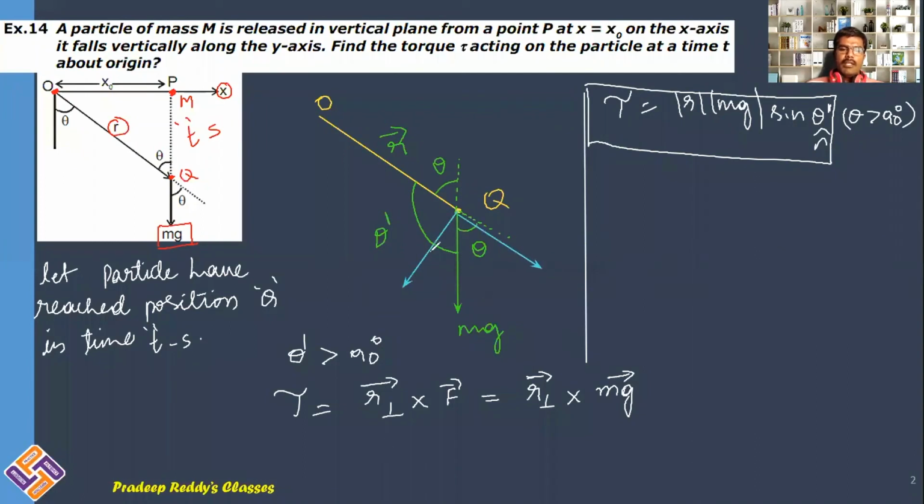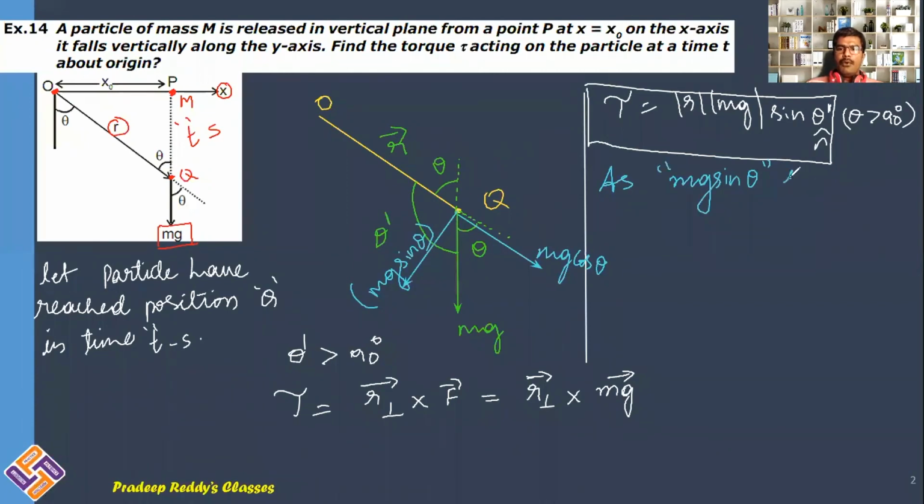This angle is theta, so one component is mg cos theta, and the other is mg sin theta. So mg sin theta is the component perpendicular to R bar.